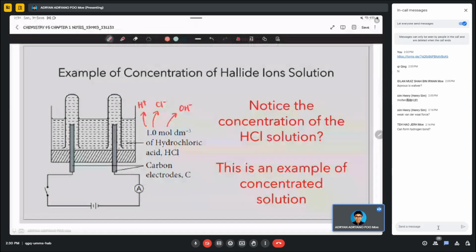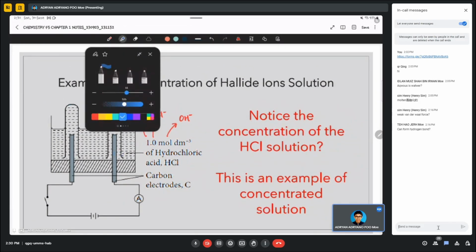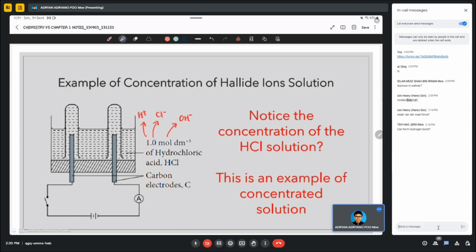Now I want to choose at the anode. At the anode I only look at anions; remember, the anode only looks at anions and the cathode only looks at cations. So I only look at Cl minus and OH minus. Following the original concept, I would discharge OH minus because its E0 value is more negative. However, here it shows 1.0 mol per dm cube, meaning the concentration is very high.